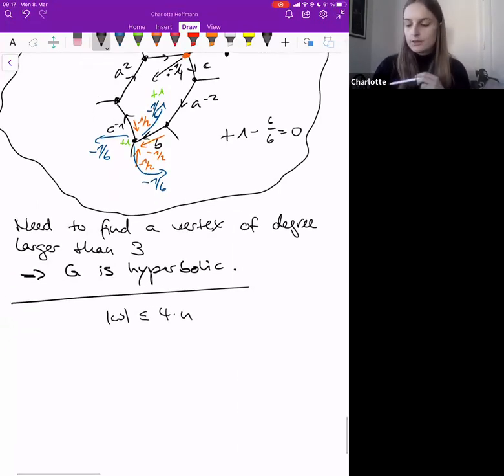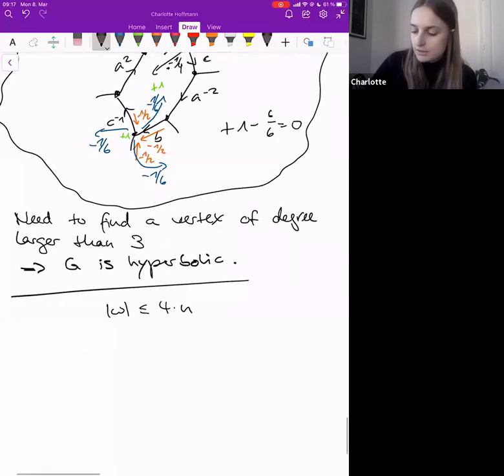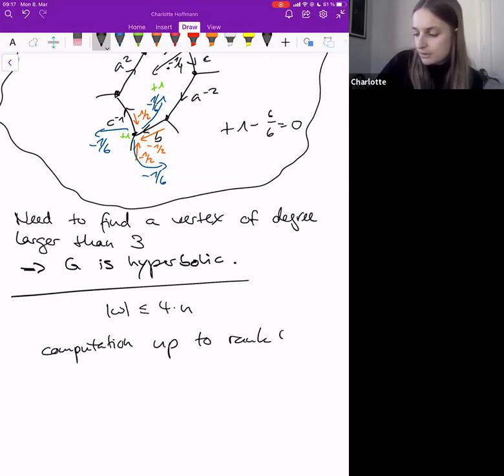And then also one thing I should note is that we computed this up to rank 4, so groups of rank 4.